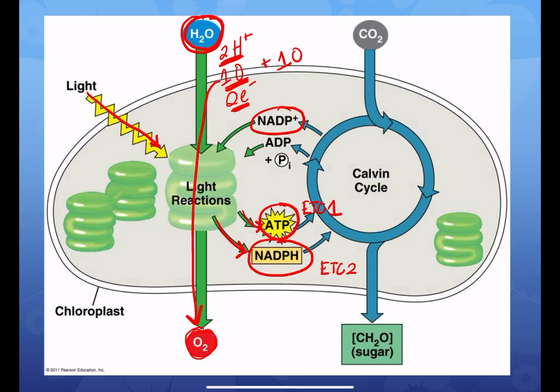ATP is not made in ETC2. Okay, those are exclusive. Electron transport chain 1 makes ATP. Electron transport chain 2 makes NADPH. All right. Water is split, producing oxygen, and the light is absorbed. All happening in the thylakoid. All right.